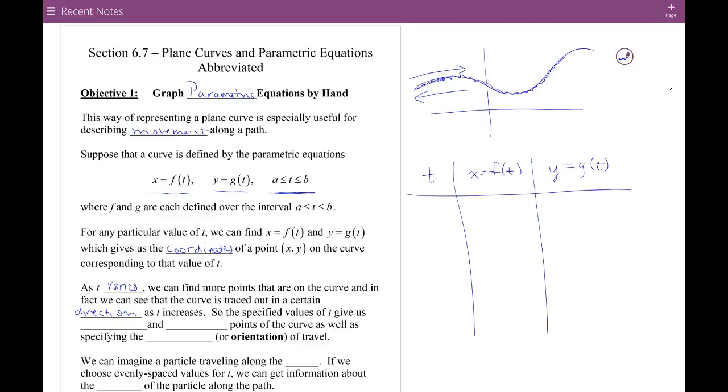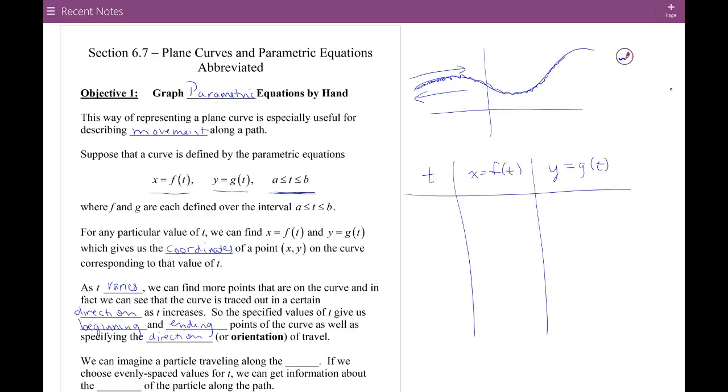So there's lots of different ways to parameterize a given curve, and we'll talk more about that towards the end of the section. So the specified values of t give us beginning and ending points of the curve, and they also specify the direction or orientation of travel.